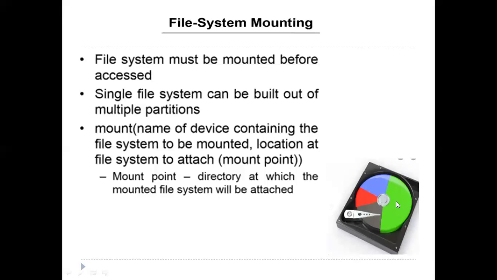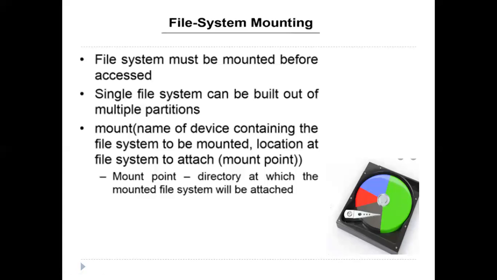So as long as you don't have the file system placed, you can't retrieve the data from the disk. If the data is there on the disk, but as long as the file system is not mounted, you can't retrieve the data. That is a basic understanding. The file system must be mounted before it is accessed.